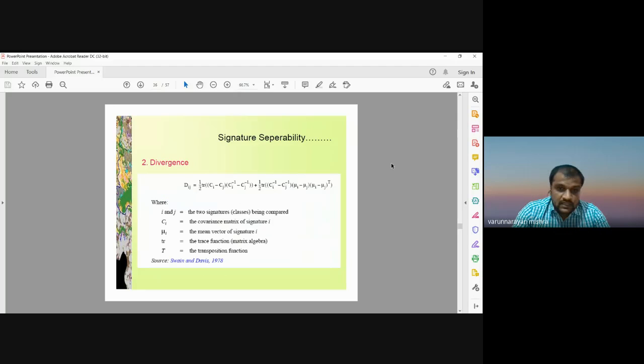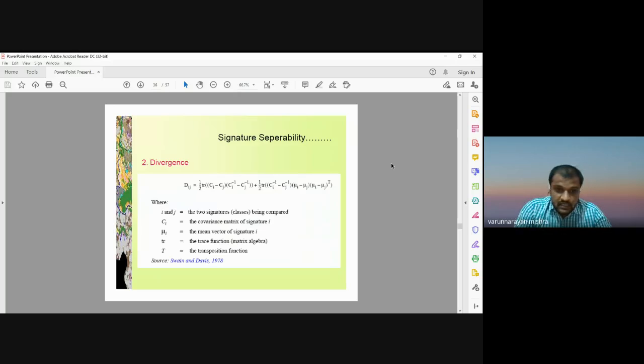Divergence is another approach to analyze the signature quality. It is used to evaluate the quality of signatures on the basis of signature separability. This is the formula for divergence that can be used to calculate the separability between two signatures for two different classes.